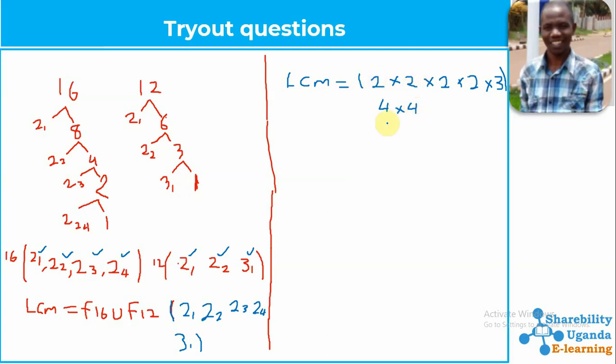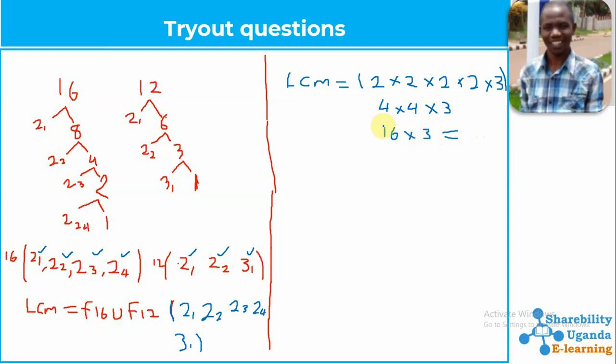This is 2 times 2, we get 4. 2 times 2, we get 4. Then times 3. So when we say 4 times 4, we get 16, times 3. Then we should be able to come up with our answer. What is 16 times 3?